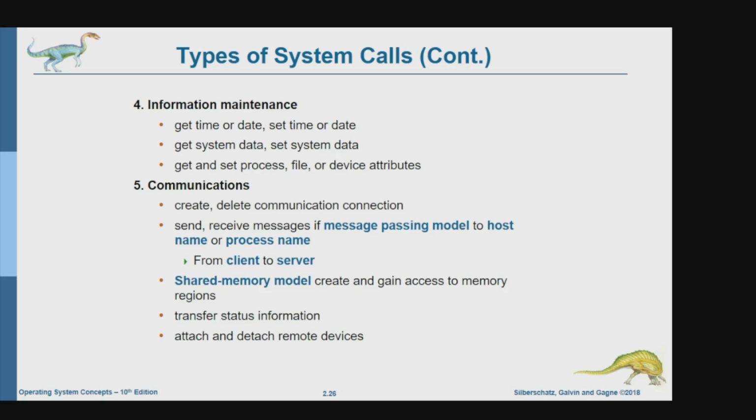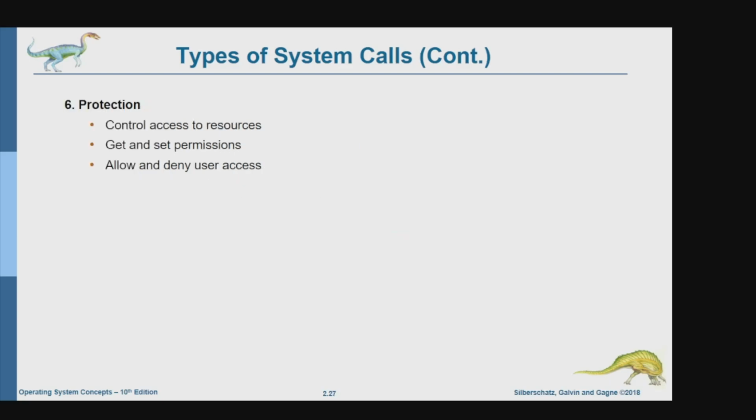You can use the shared memory model, gain access to memory regions, transfer status information, and attach or detach remote devices. And for protection, we can control access to the resources in the computer system. We can get and set permissions for resources, and we can allow or deny user access.